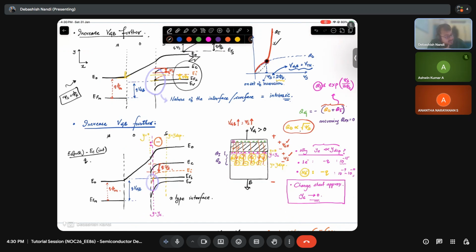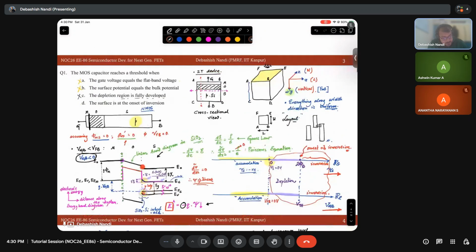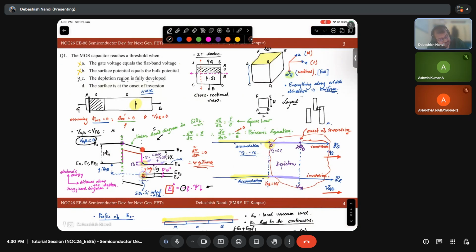Because of my square root psi dependency, it never gets hard saturated. It keeps growing. Fine. The surface is at the onset of inversion. This is when we consider the onset of inversion. This is my threshold voltage. This is coming by definition. Okay.